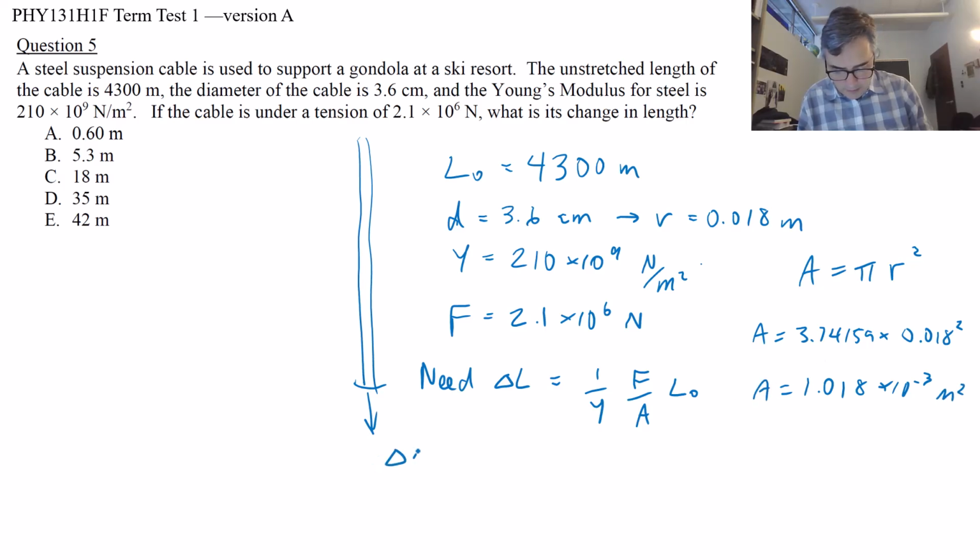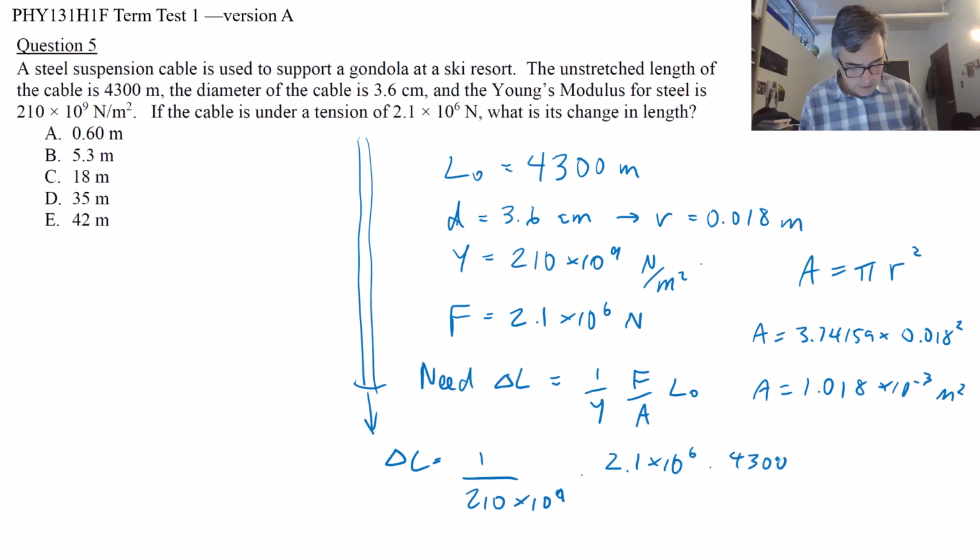And so delta L is just going to be 1 over 210 times 10 to the 9 times the force here, which is 2.1 times 10 to the 6, times the length, 4,300, and then divide it by the area, which is 1.018 times 10 to the minus 3.